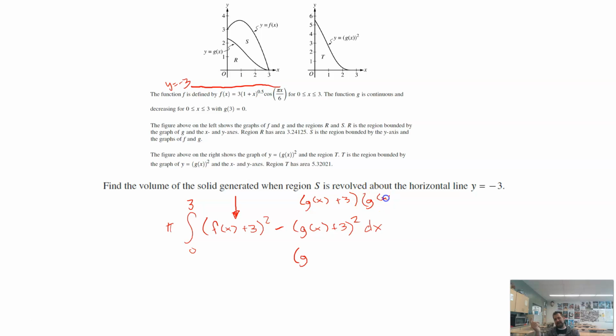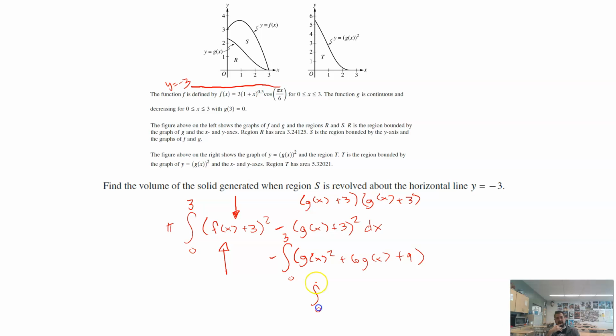When I do that, I get g of x squared plus 6g of x plus 9. Now the reason why I do that is I know how to find the integral of this first part. If I can subtract off the integral of the second part and then multiply my whole answer by pi, I can do that.